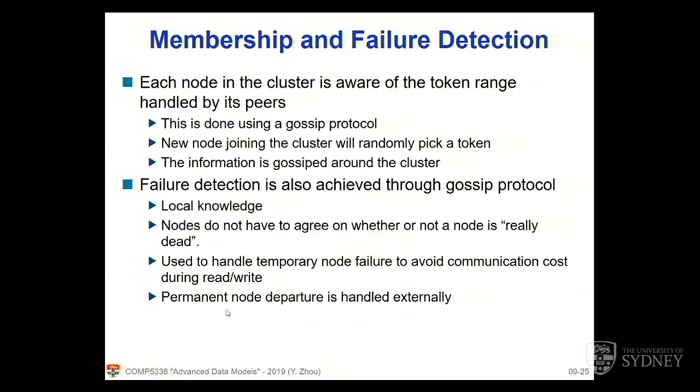And this one as well, permanent node departure is where we maybe kill the process running on a node, which is managing the Dynamo. The administrator needs to do it, and before brutally killing the process, it needs to do some cleaning up. So that's all handled externally, and then the data handled by the node will be gradually transferred to the others. Not from this node, but from the other copies.